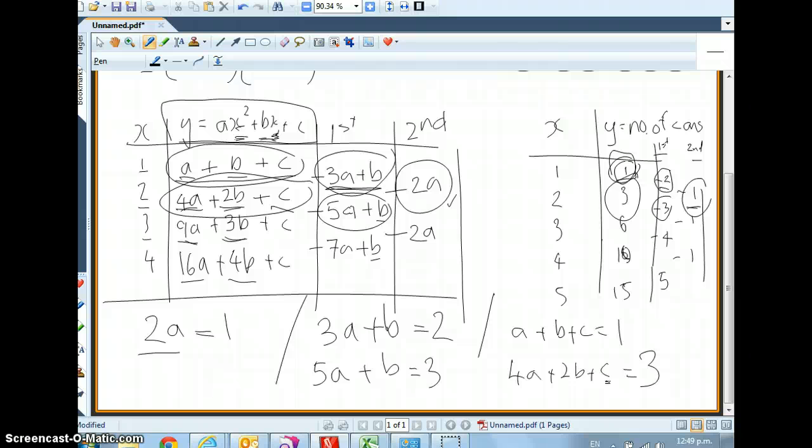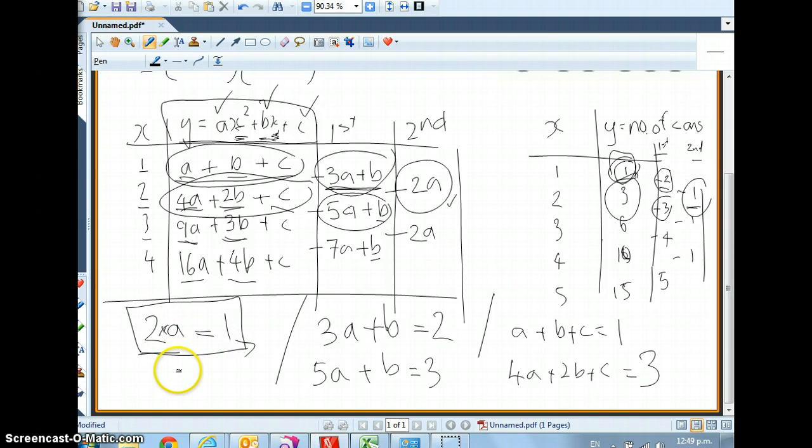Now I've got a set of equations that I can solve for each one, and if I work from left to right, I can find my a in the equation, I can find my b in the equation, and I can find my c in the equation. If I look at this one here first, 2a equals 1, what's a equal to? Look, 2 times the number must give 1.